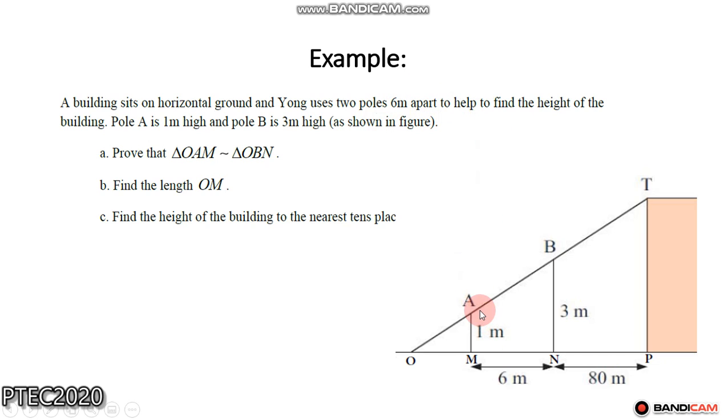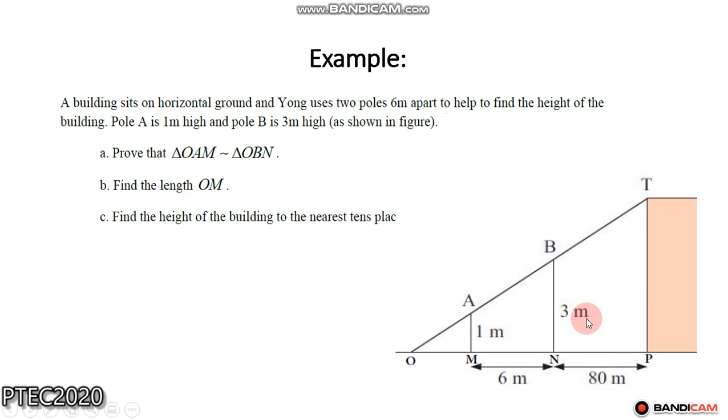The two poles here refer to AM and BN, which are 6 meters apart. You may see that the distance from M to N is 6 meters. Pole A is 1 meter high and pole B is 3 meters high. You can see that the length of AM is 1 meter and BN is 3 meters, as shown in the figure.